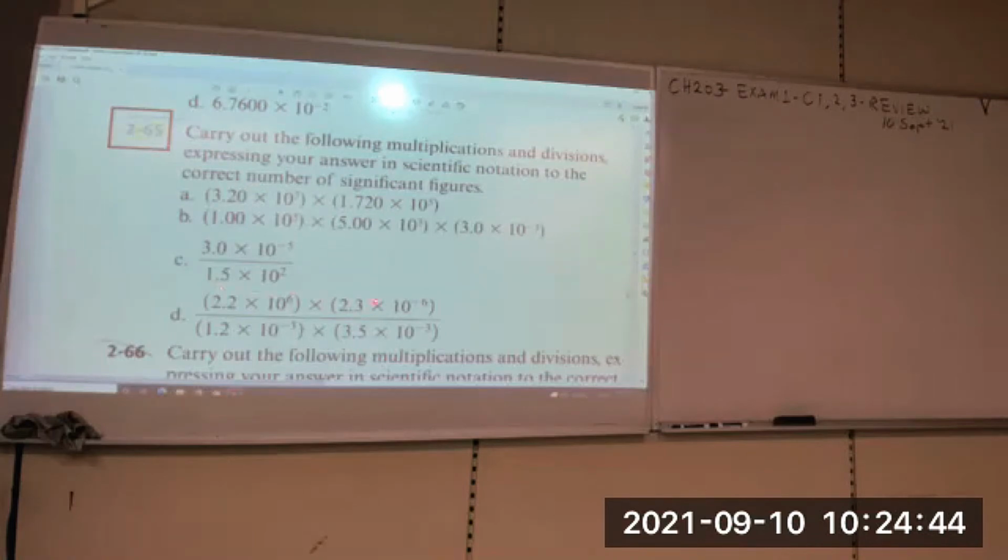If you do this one and round, and then do this one and round, and then do them together and round, there's a good chance that you're going to be way off. So you keep all your decimals until the end, as long as all the operations are multiplication and division. If you've got any addition or subtraction in there, you have no choice. You've got to do an intermediate step.